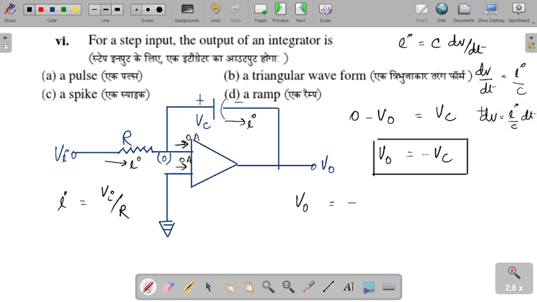So if you integrate, then it will come out to be 1 by C integration of I into dt. So VC can be written as 1 by C integration of I into dt, and current can be written in this way.